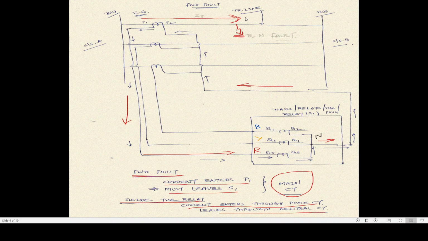So this is a fault which is in the forward direction, and the relay sees the fault in the forward direction. That means if your star point is towards the protected object side, then the relay will see a forward fault as a forward fault and a reverse fault as a reverse fault, and it will operate depending upon the setting of the relay and the actual impedance calculated by the relay.